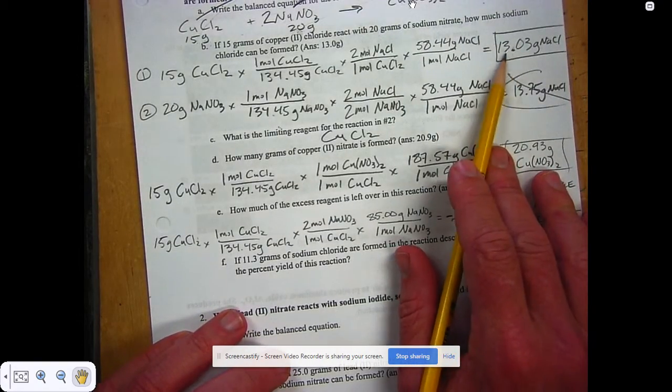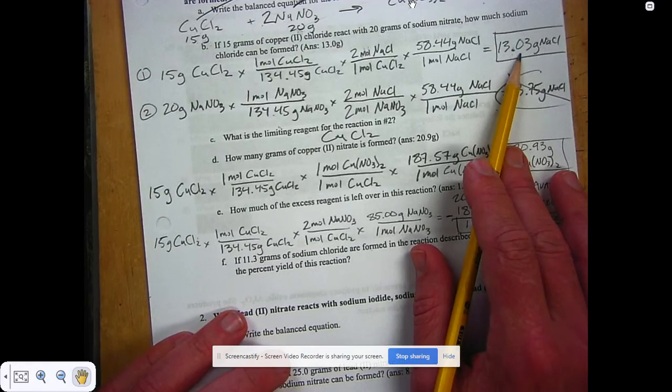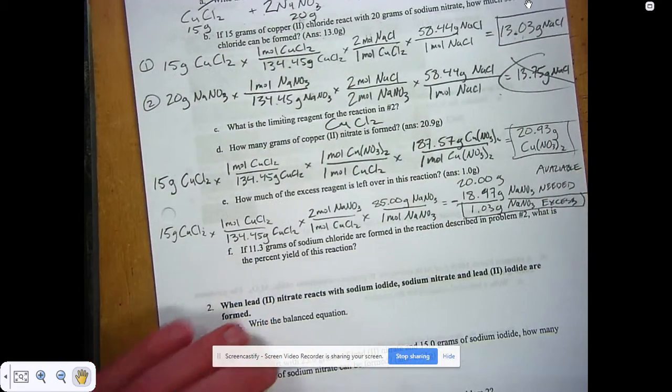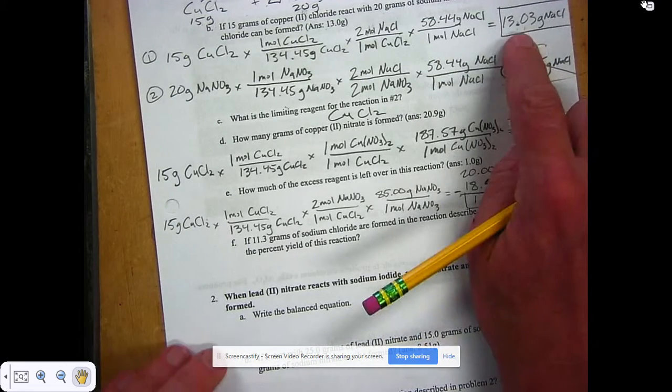If supposedly 13.03 grams of sodium chloride are theoretically possible to make with this reaction, and you only made 11.3, then we could figure out what percentage you yielded as a percentage of the theoretically possible.